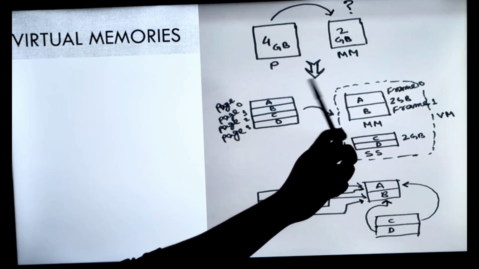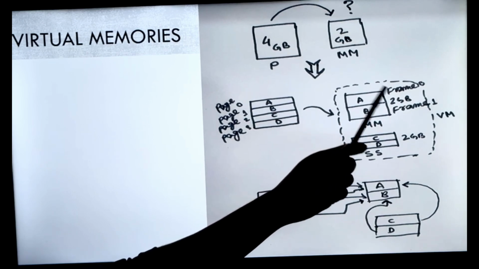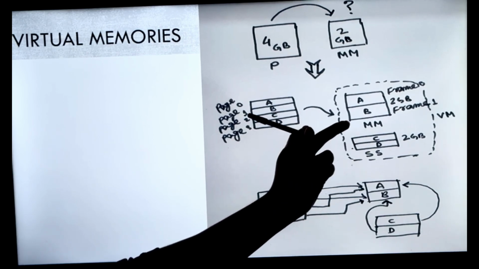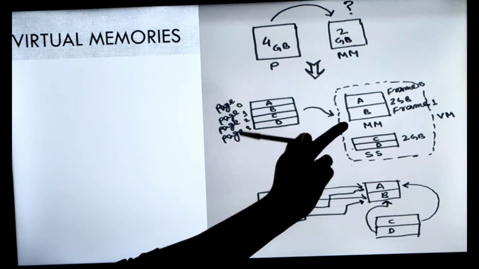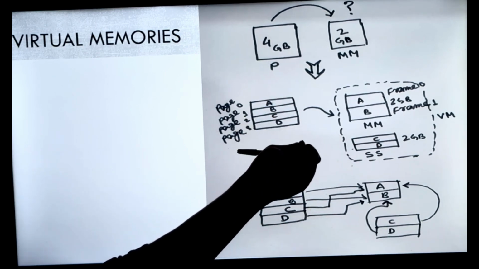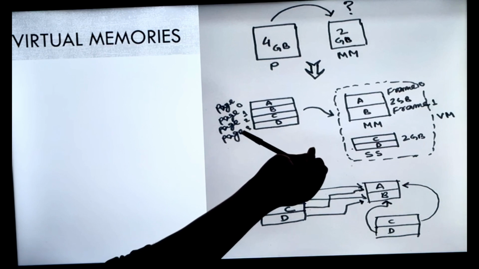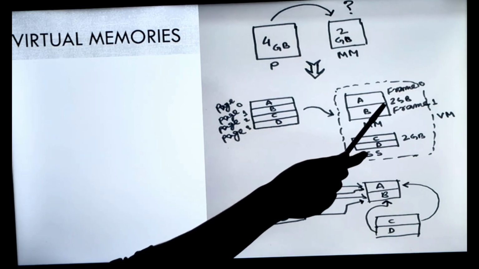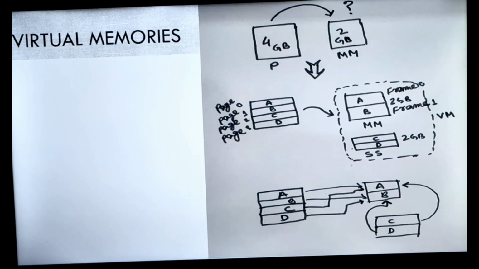So frame 0 will contain page 0, frame 1 will contain page 1, and so on. You understood what pages and frames are? Frames in the main memory, pages in the process or the game or the programs. And page size and frame size are exactly the same. So this is how your virtual memory works.